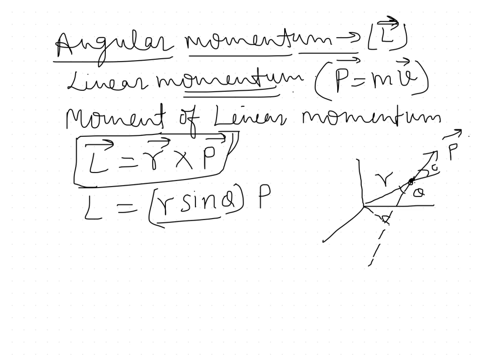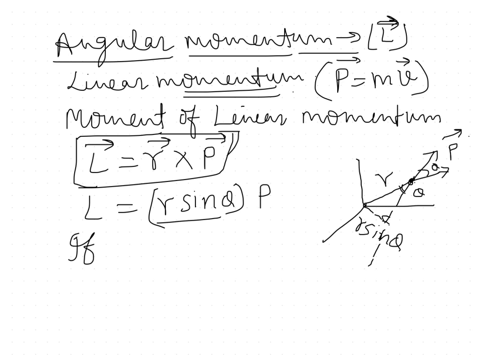Theta is the angle between the direction of momentum and the distance vector. So this angle is also equal to theta. So we can calculate this distance as r sin theta. So r sin theta is the perpendicular distance between the line of action of linear momentum and the point of rotation. So we can define it in this way.